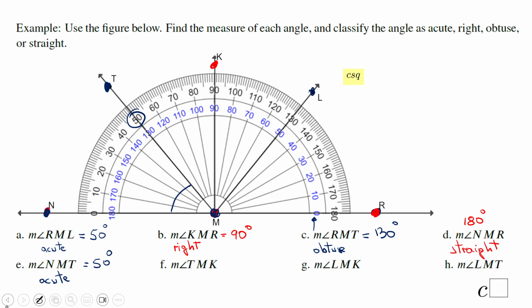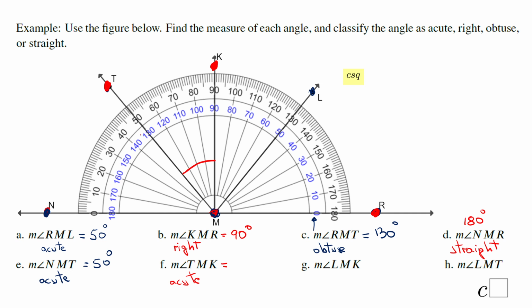And let's take a look at part F. TMK. Okay, so there you go. TMK. How much is that angle? So this one is a little bit different than the others, right? We need to be careful. Let's first mark the angle. TMK is this angle. So how much is going to be this angle? First of all, we can notice this is an acute angle.